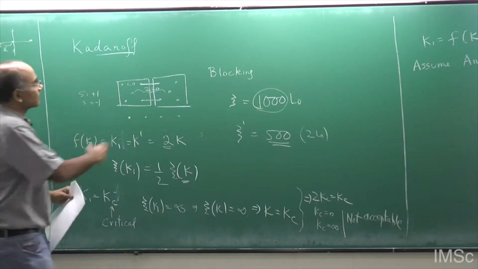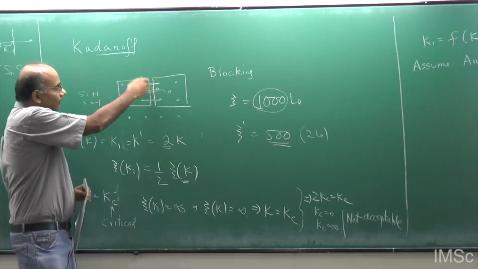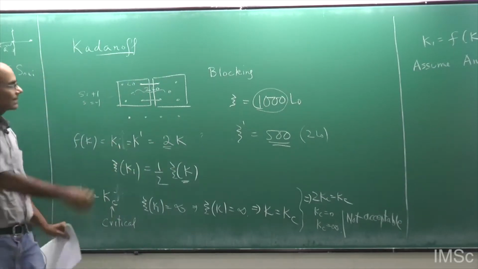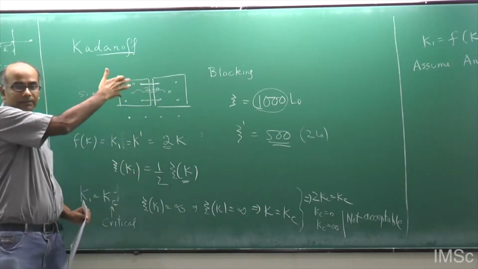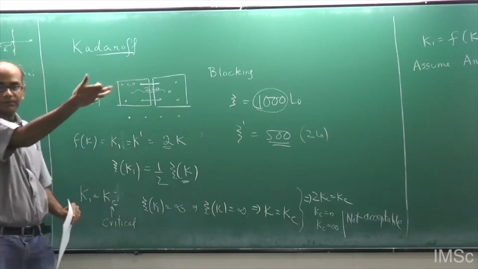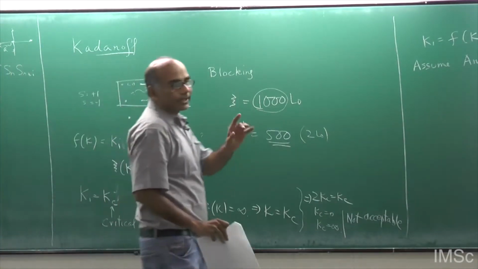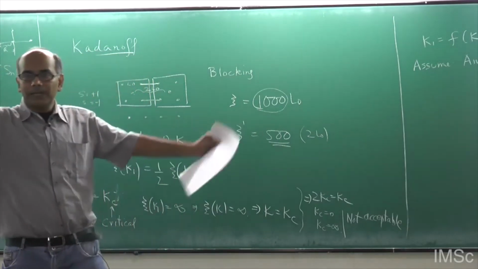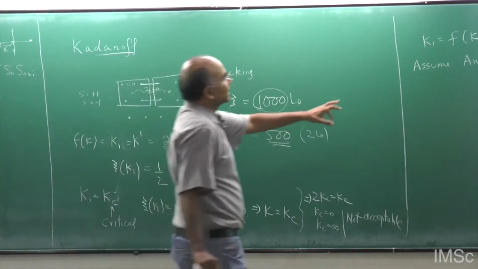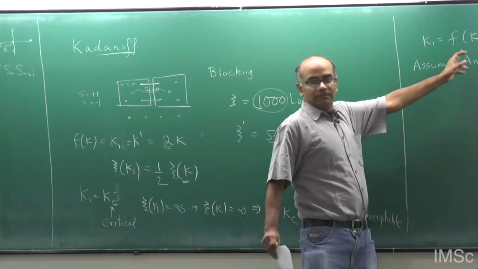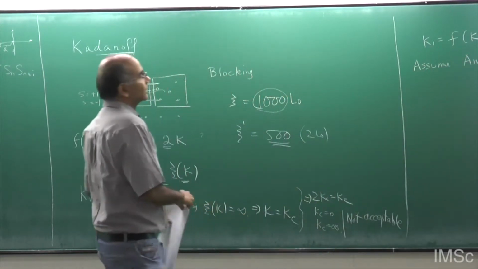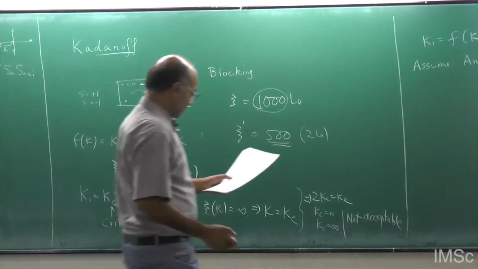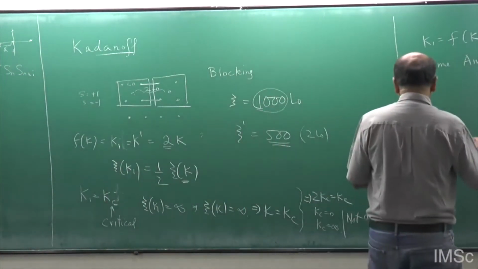Why? Because this blocking scheme involves only a few spins. It doesn't see the whole Hamiltonian. It's just some operation done locally. Just a few spins are involved in this blocking. So you should not expect any infinity due to the thermodynamic limit or anything. So this must be an analytic relation. That itself is quite powerful. It takes you a large distance.